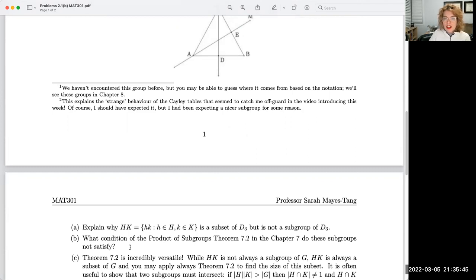And the condition of the product of subgroups theorem in 7.2 that it doesn't satisfy, sorry, I was actually on the 7.2 theorem for 2 finite subgroups of a group, the set HK.